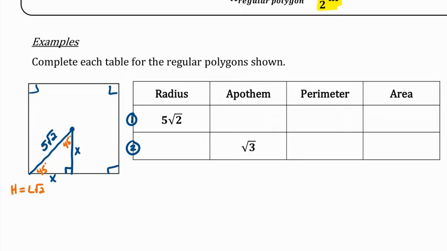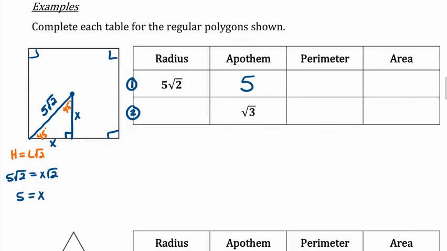Okay, so then if I want to solve that, I know my hypotenuse is 5 radical 2. That would be equal to x radical 2. So our x has to equal 5, right? Divide both sides by radical 2. So that means our apothem is 5, right?